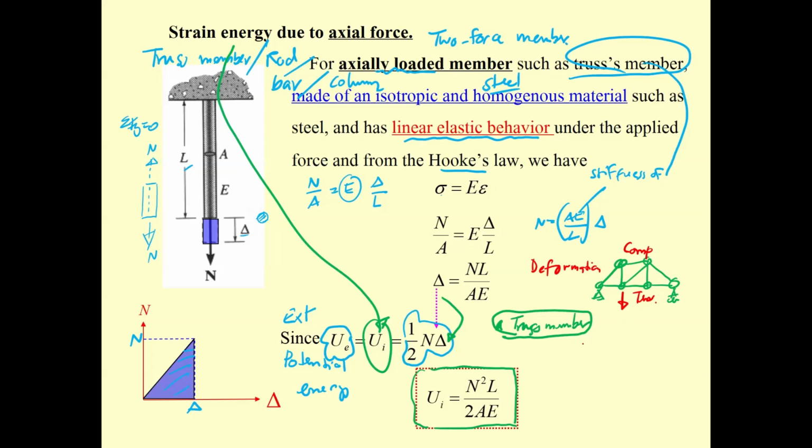Then usually the total energy of this one is going to be U sub I equal to the summation over the number of members of N sub I squared L sub I over 2 A sub I E sub I. Again, a truss can be separated into members. So when you calculate the total energy in the truss, you have to use summation. This one is just for a truss member.